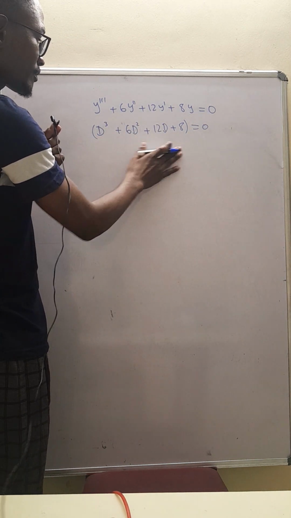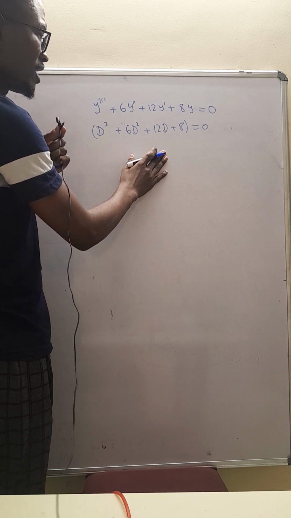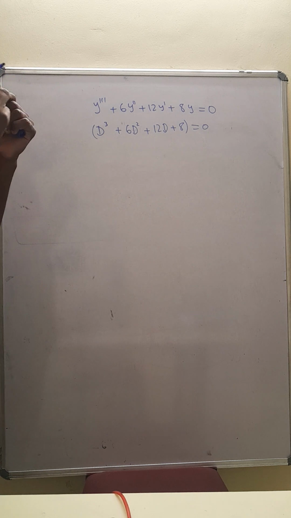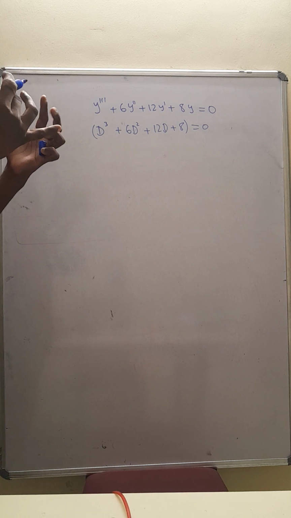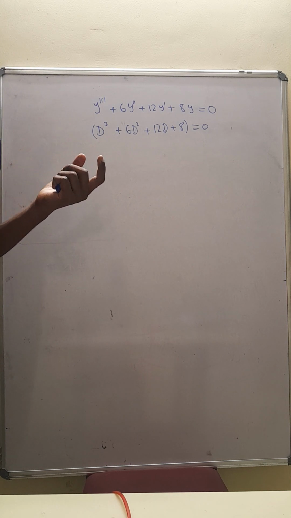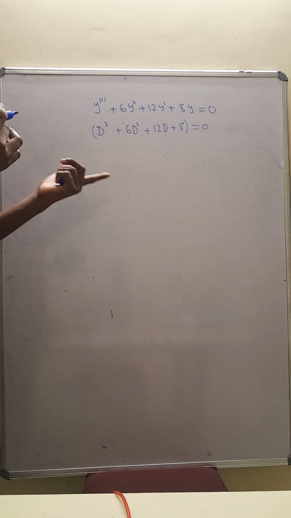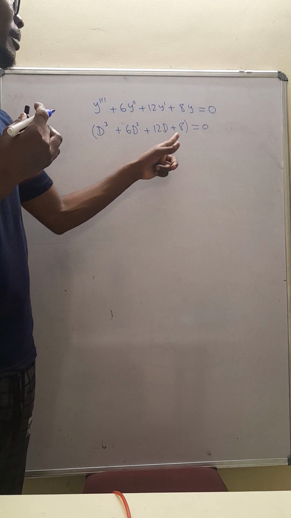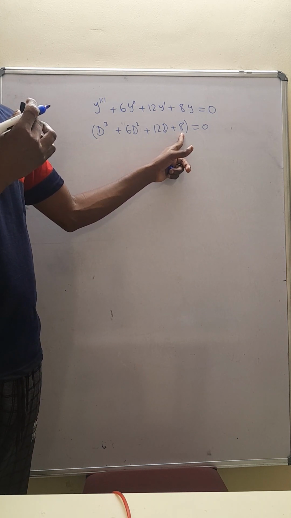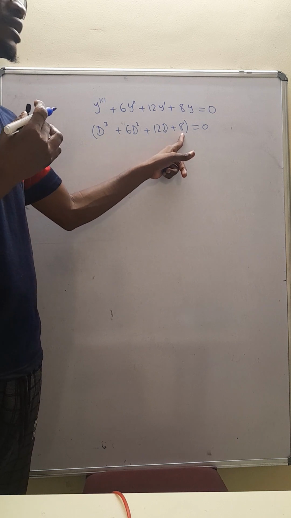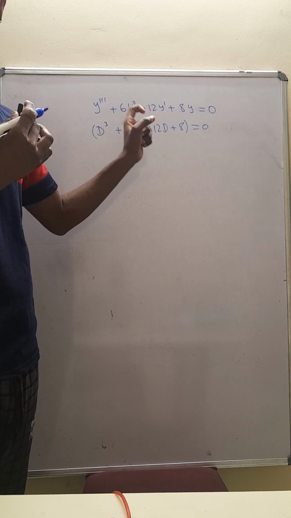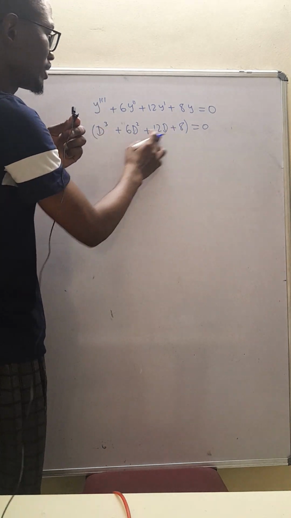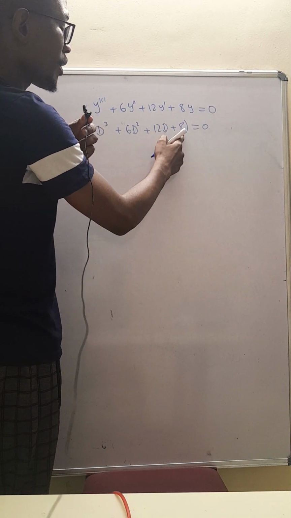Now see, this is a cubic equation. For a cubic equation you actually have a formula, but if you don't know the formula, you can also find the solution by looking at the last term, because the last term is the multiplication of all the roots. So you can start with 8.